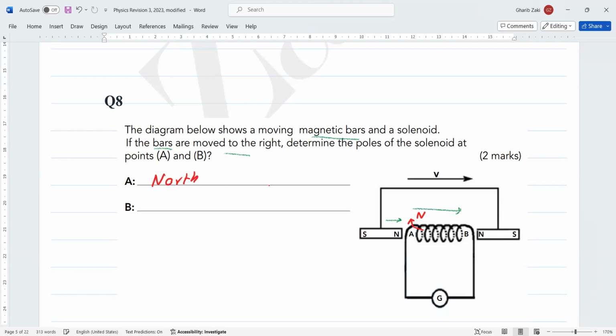Now, if the magnet leaves, this is north. Then at B, it says do not leave, so it will be south, attracted. So it is south. This is according to Lenz's law. Okay. Now, let us solve another question.